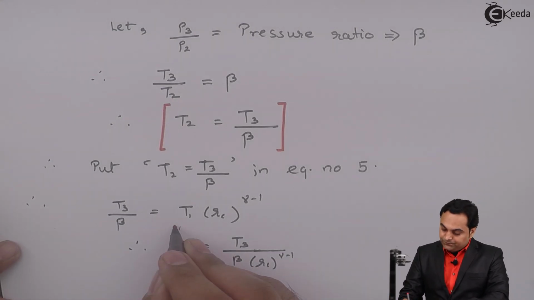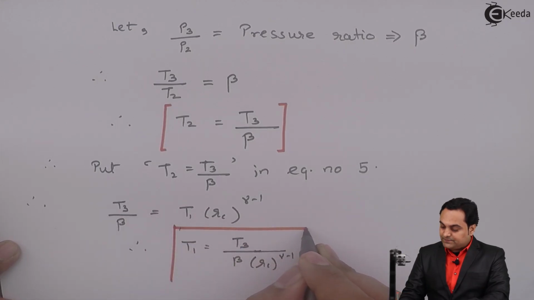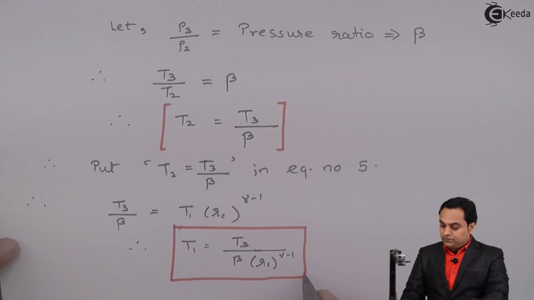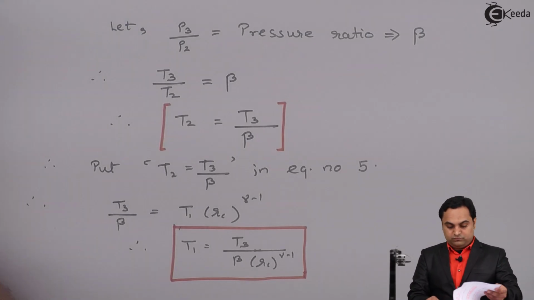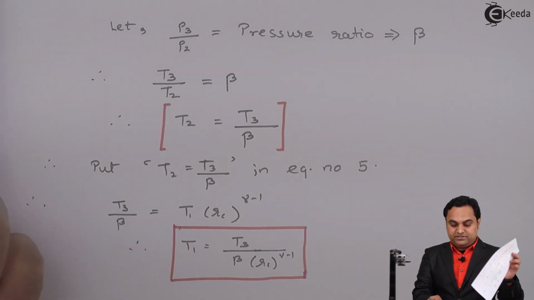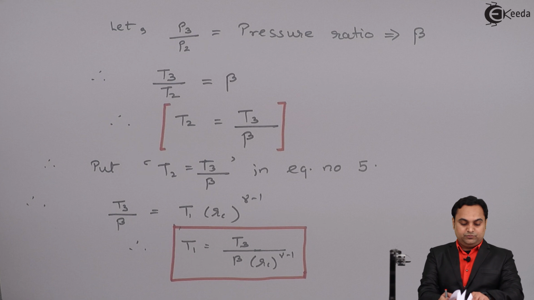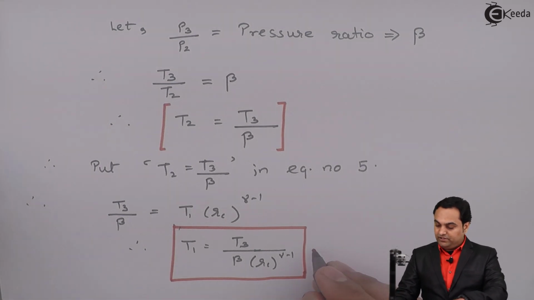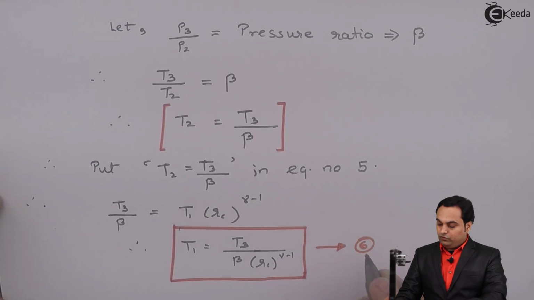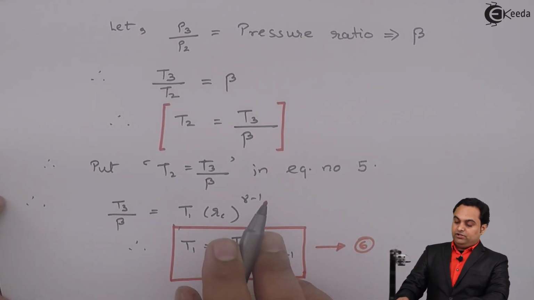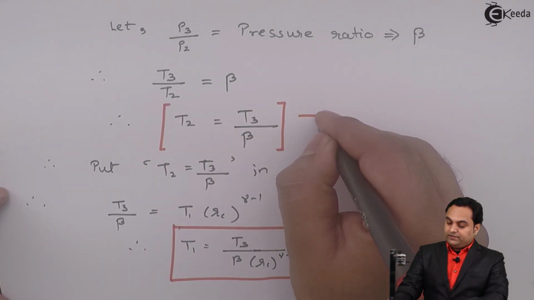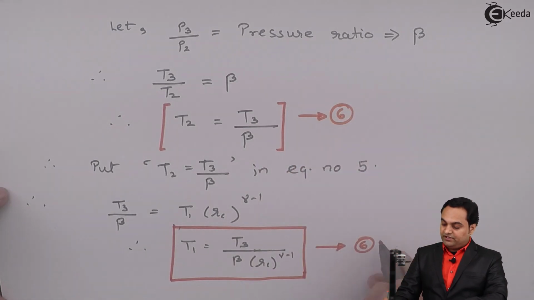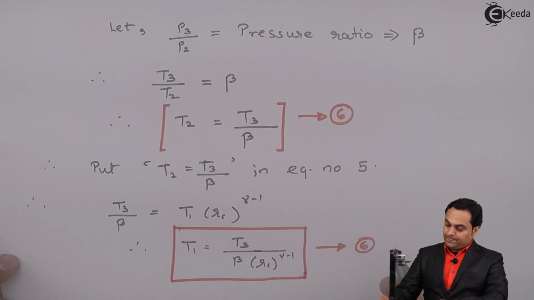I'll keep this as an equation number. We have reached the 5th equation, and the T2 relation I'll keep as equation 6, and this one as equation number 7.